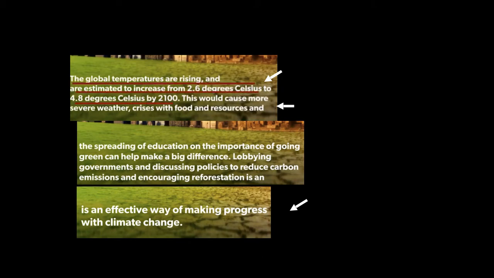So the global temperatures are rising and are estimated to increase from 2.6 degrees Celsius to 4.8 degrees Celsius by 2100. It's part of the background, and it belongs to the statistics part. It uses statistics to show you that the global warming problem is actually getting more and more serious.